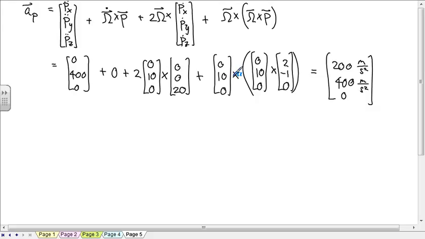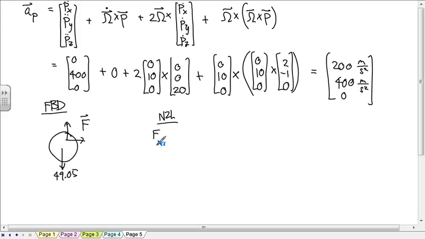Okay, and then we want to calculate the force applied to that mass by the bar. The mass is 5 kilograms, so we have a weight down of 49.05, and then some unknown force vector provided by the bar. And so Newton's second law says the force provided by the bar plus the weight is equal to the mass times the acceleration we just calculated.